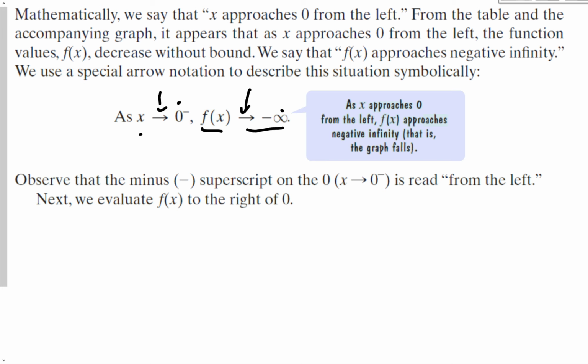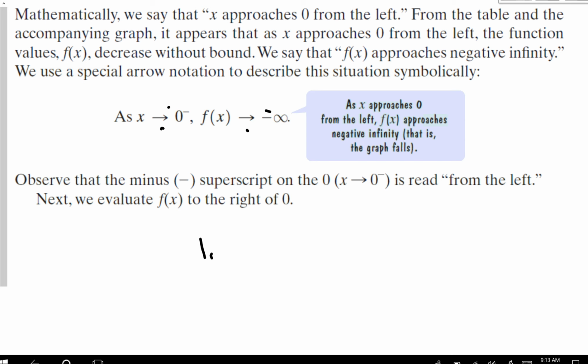Another way to think about this: this is arrow notation, and if we smush it together, we get something called limit notation. All the limit is, is what's happening as you get closer and closer to a number. As x gets closer and closer to 0 from the left, the function equals negative infinity. And that's all the limit is.